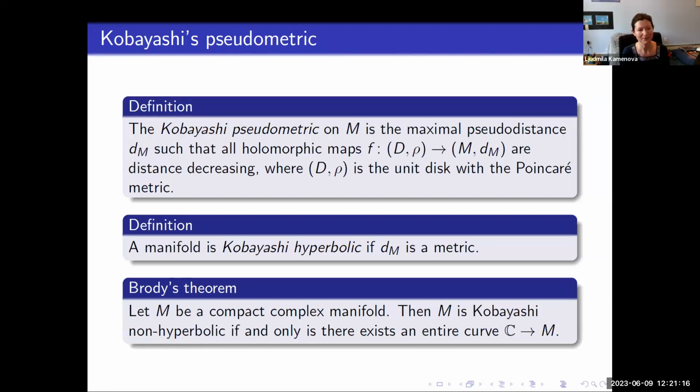An entire curve is a non-trivial holomorphic map from C to M. Non-trivial means it doesn't map to one point. So his theorem in the classical sense states that M is Kobayashi hyperbolic if and only if there are no entire curves. But because we'll be proving Kobayashi non-hyperbolicity, here is the negation form of this theorem.